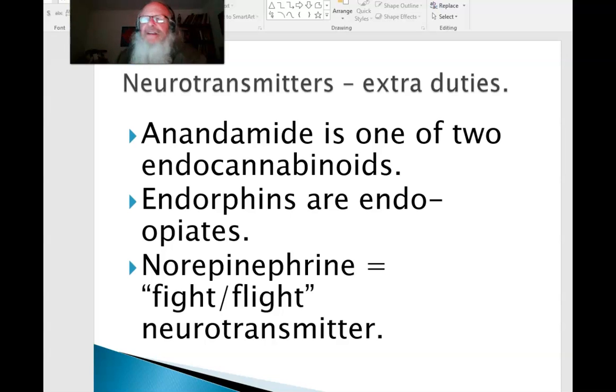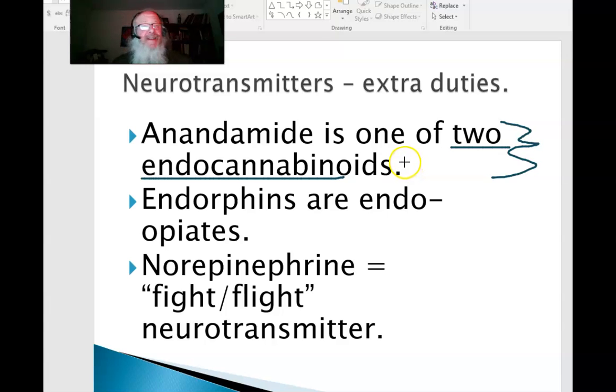Okay, so here's some other things I want you to keep in mind above and beyond our 6 neurotransmitter chart. We've talked about this one before. Again, this is an oversimplification. Anandamide is not just one of 2 endocannabinoids.